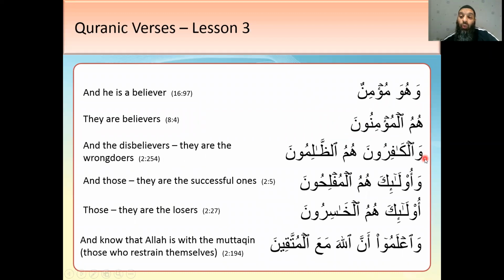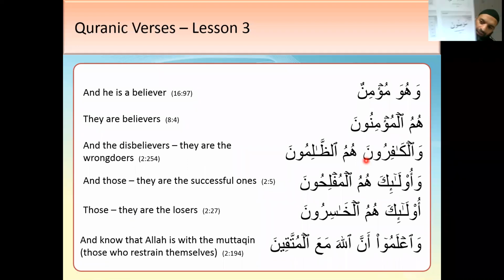Next one, brother. Wal kafiruna hum az-zalimun. Wa means and. What does wal kafiruna mean? Yes, and the disbelievers, hum. Hum means, look at your pronoun table, the separate pronouns table.